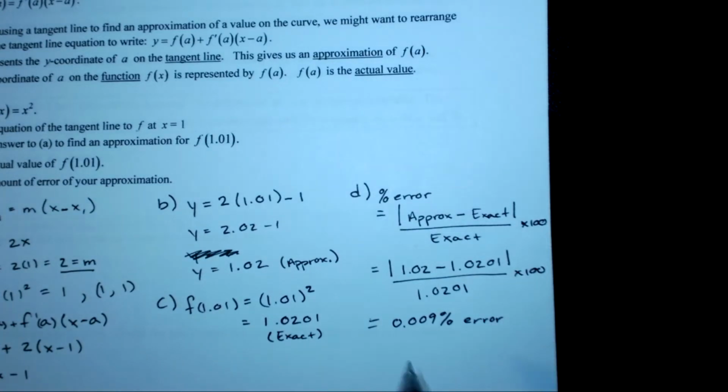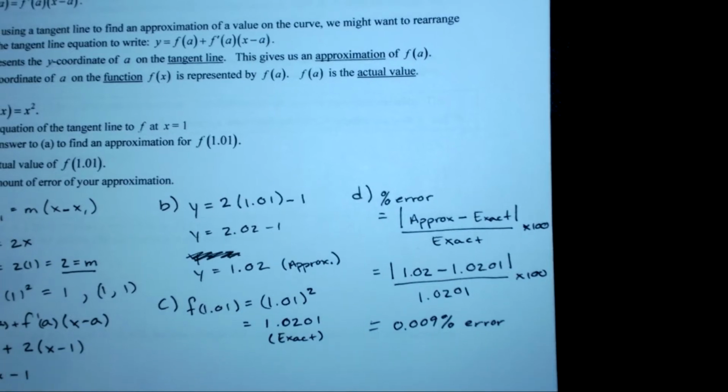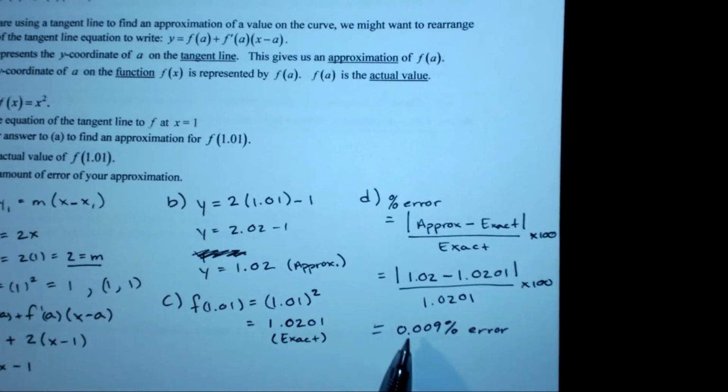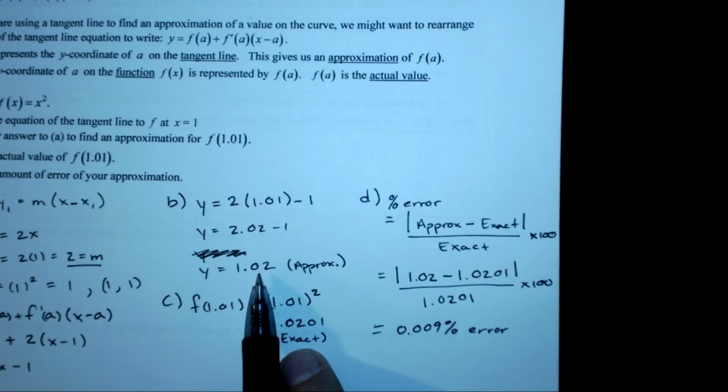So when you're thinking about percentages, that's actually not that bad. Your 9,000ths of a percent off from 1.0201, we got 1.02. Okay.